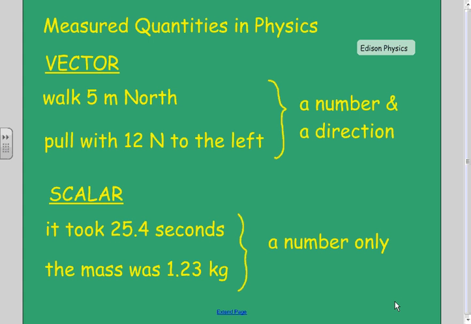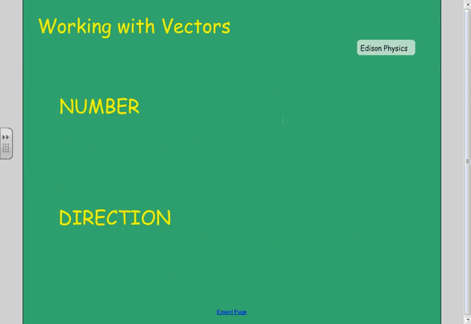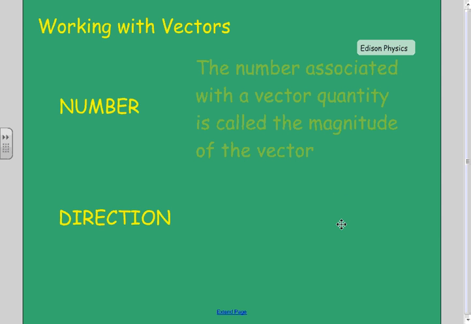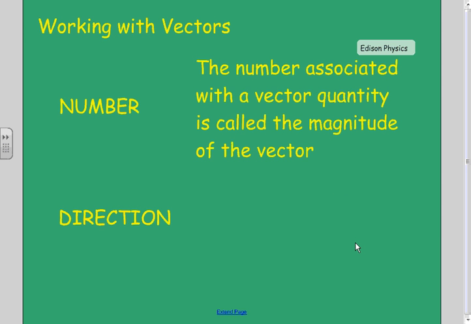But vectors, because they have direction, have some special rules. So let's explore how we work with vectors a little bit more. Okay? There are two aspects to the vector. There's the number part and the direction part. A little bit of vocabulary here. The number associated with a vector is called the magnitude of the vector.